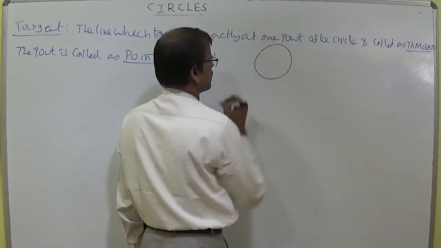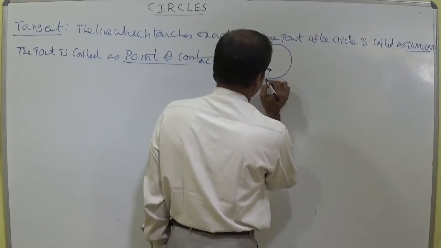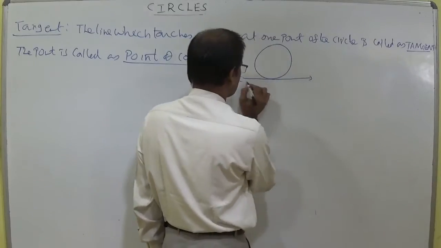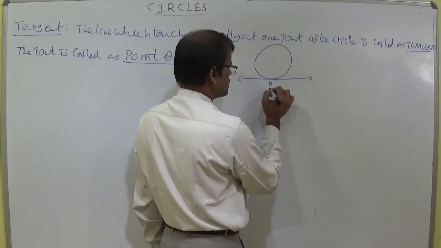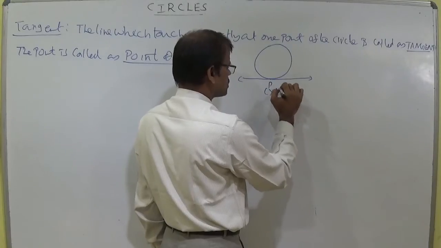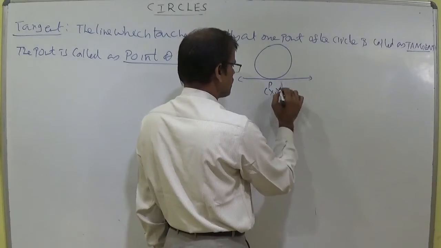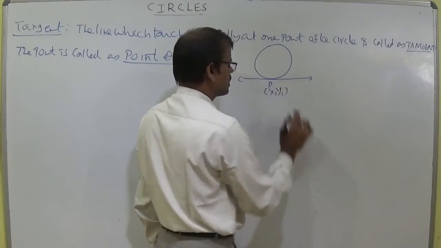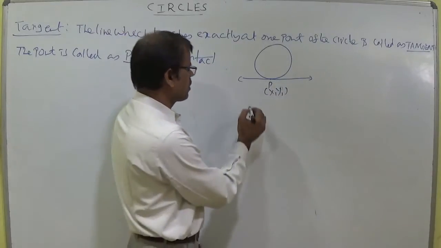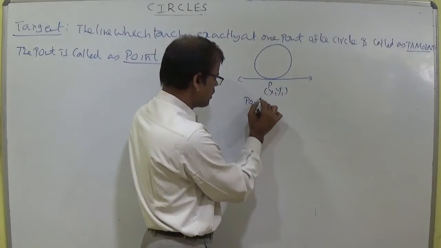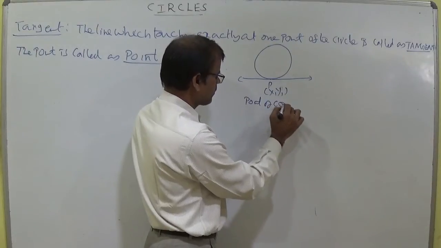Draw the diagram like this. Draw the line. This is P, which touches the circle exactly at one point. P (x1, y1) is the point of contact here.